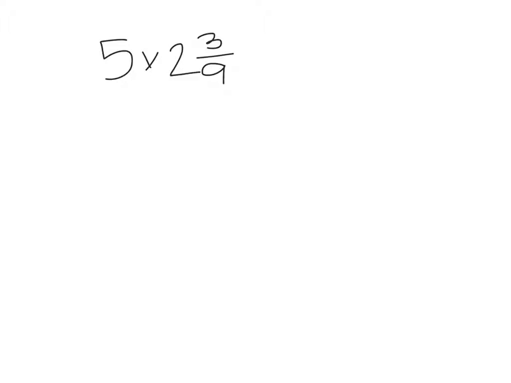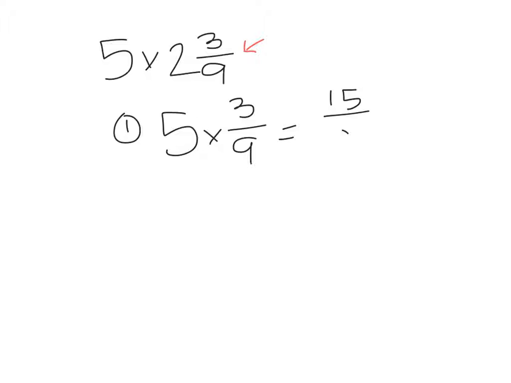I would like you to take a moment and try this problem on your own. Okay, this fraction is a mixed number, so there's going to be 4 steps to solving it. My first step is to multiply 5 times my fraction. I get 15/9.